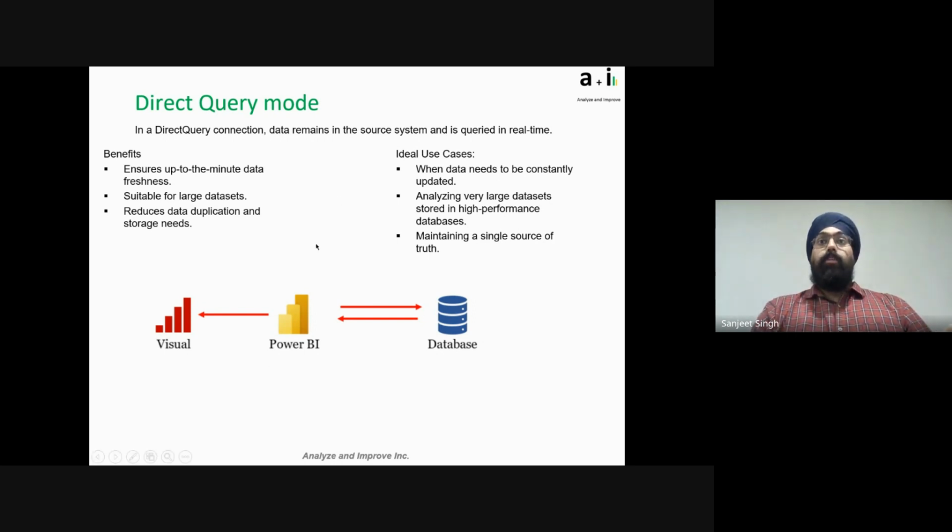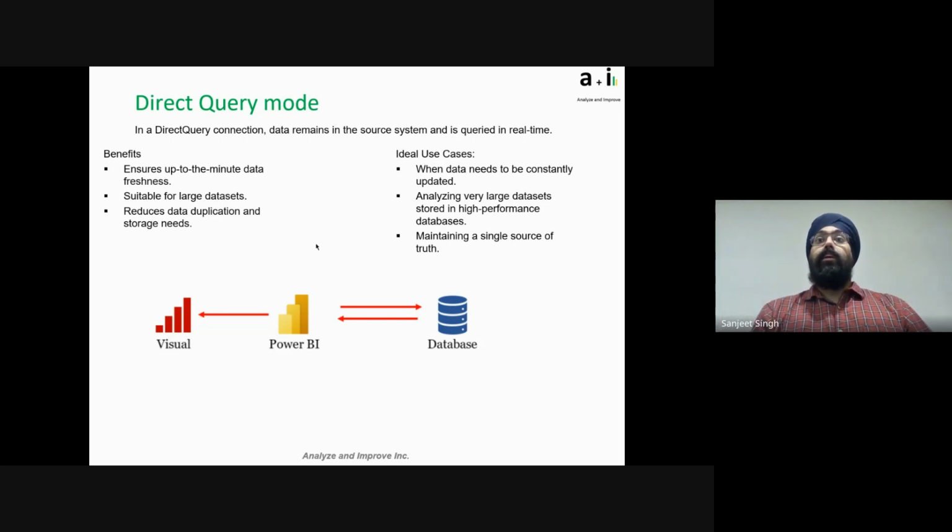The ideal use case is when data needs to be constantly updated, like financial data, which keeps on updating. We don't want that data to be manually updated every hour. If it's a normal license, we can update 10 times a day. So we want that data to be updated on a real-time basis.